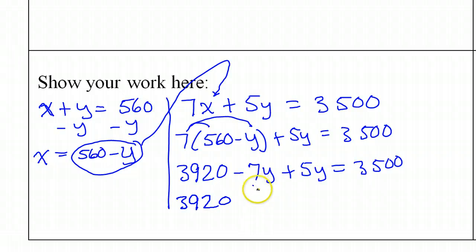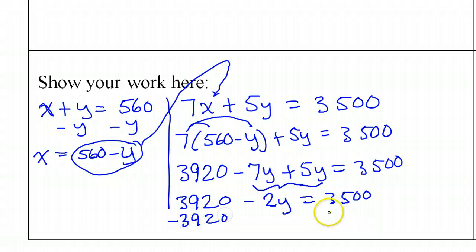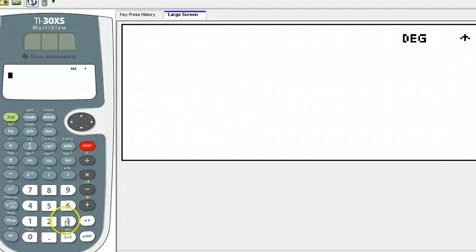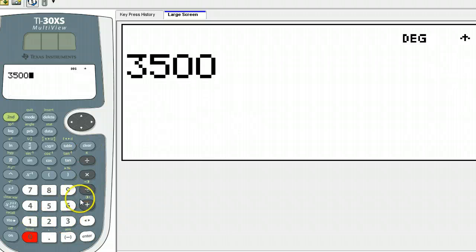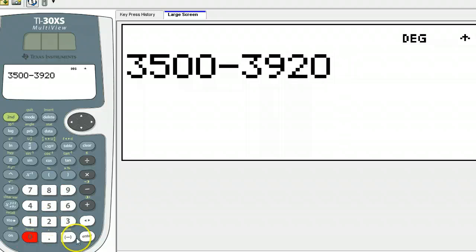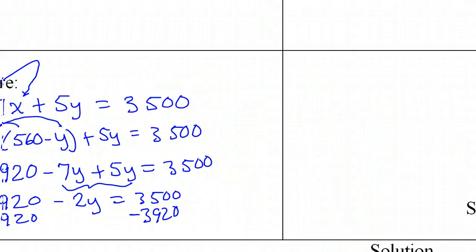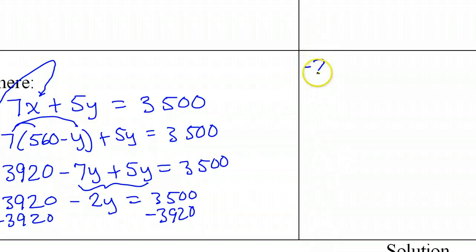That's negative 2y equals 3,500. Let's subtract 3,920 from both sides. All right, that's negative 420. So that's going to give me negative 2y is equal to negative 420.